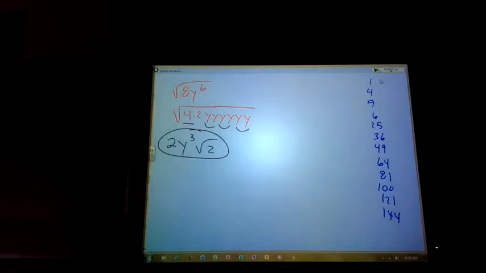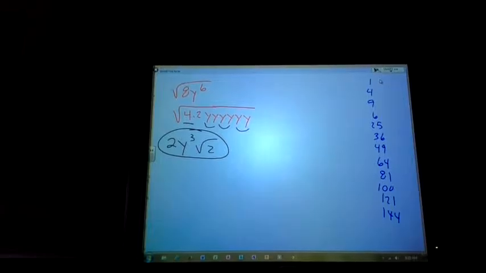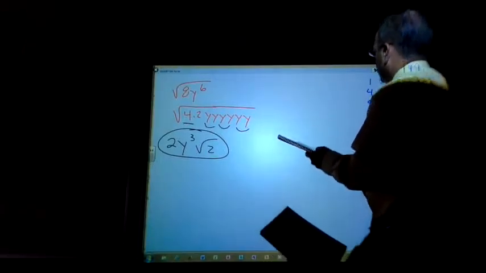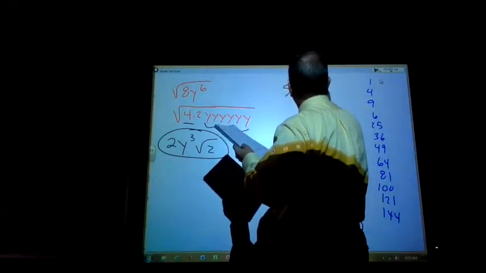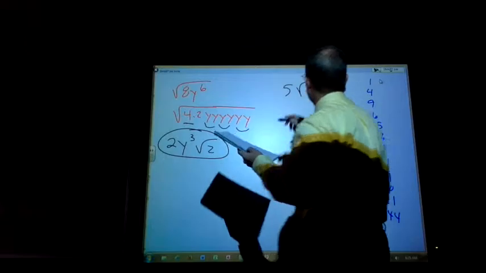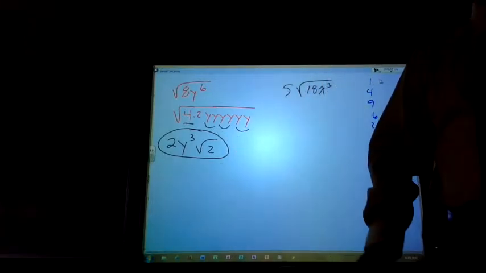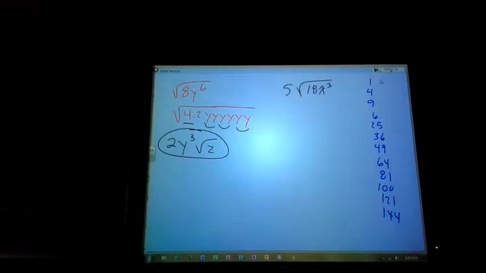This next one, root 50 y to the 7th? No? It's 5 squared 18x3. 5 18x this? Got it? Okay. All right. That 5's coming along. Anything that comes out, what does the 5 do to it?